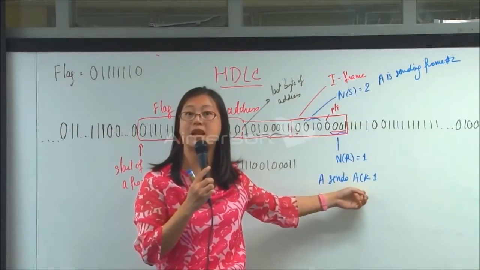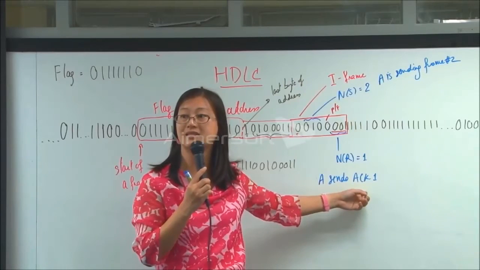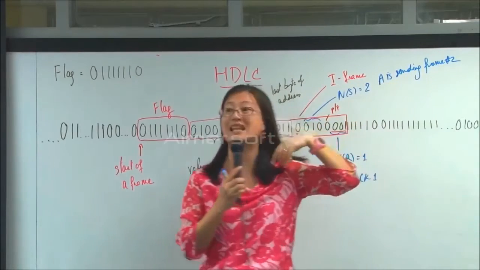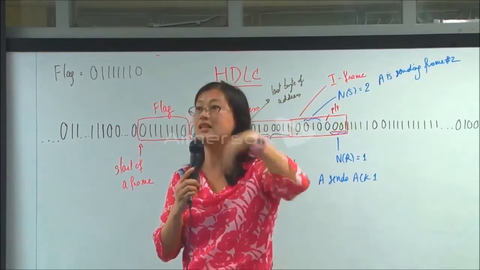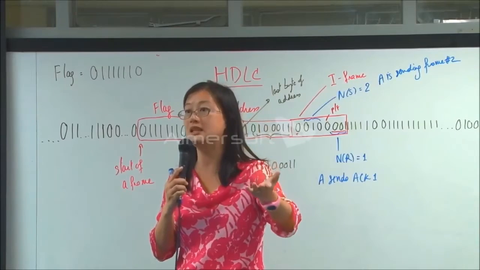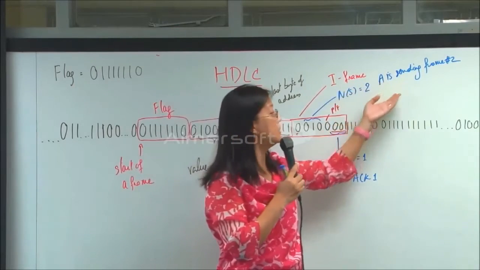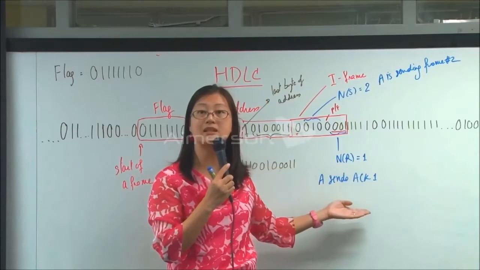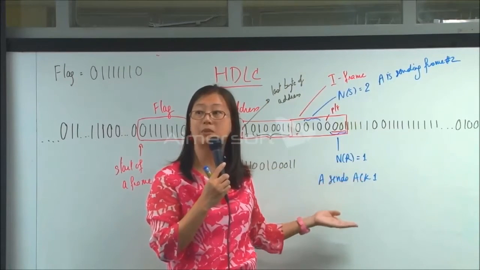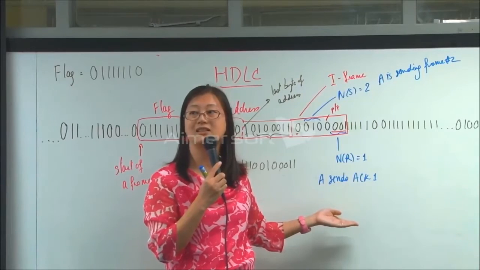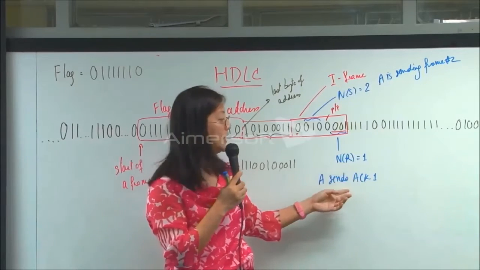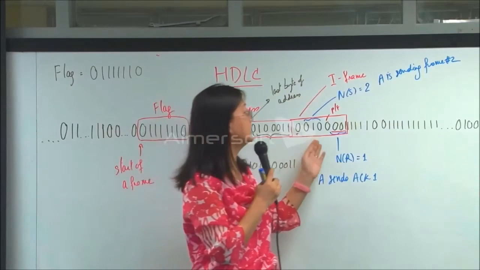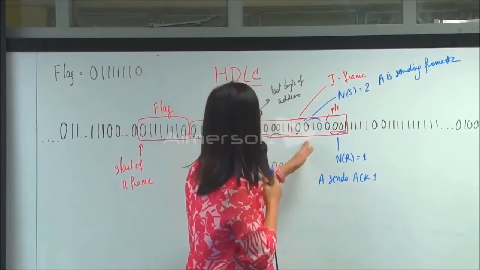But the send number is the number of the frame that you are sending to the destination. A is sending to B. So A sends frame number 2. However, it also piggybacks the acknowledgement of the frame that it has received from B. This means that it got frame number 0 from B correctly already. Okay. So this is the control field.